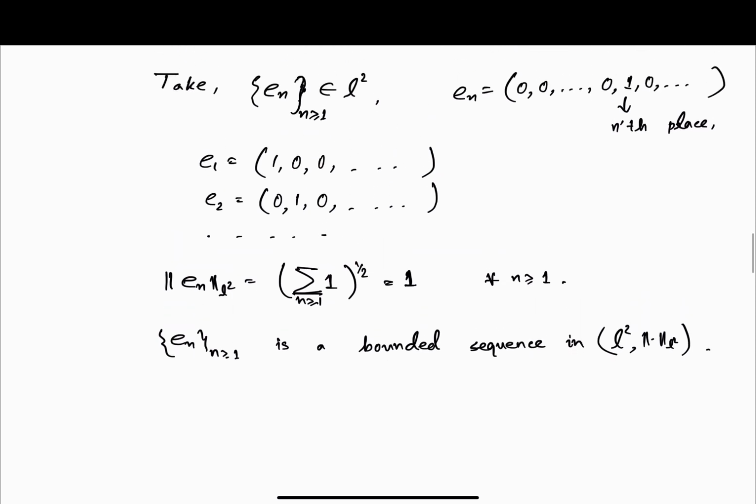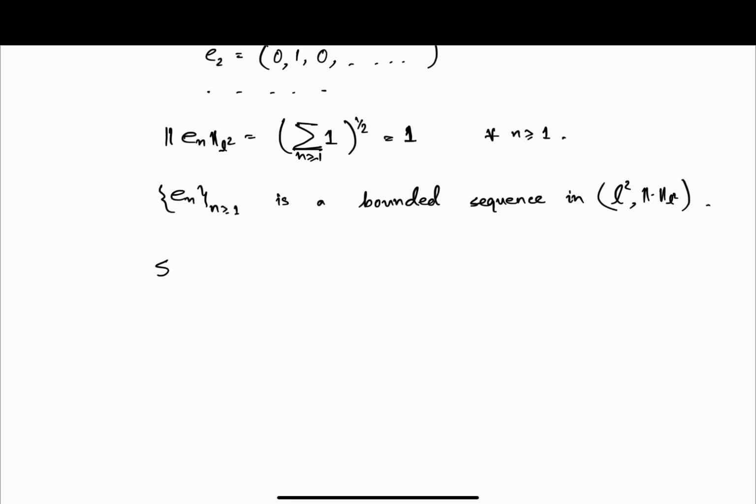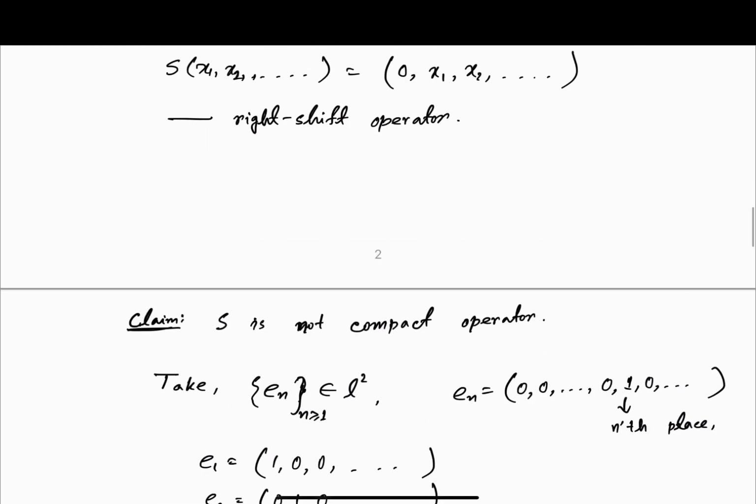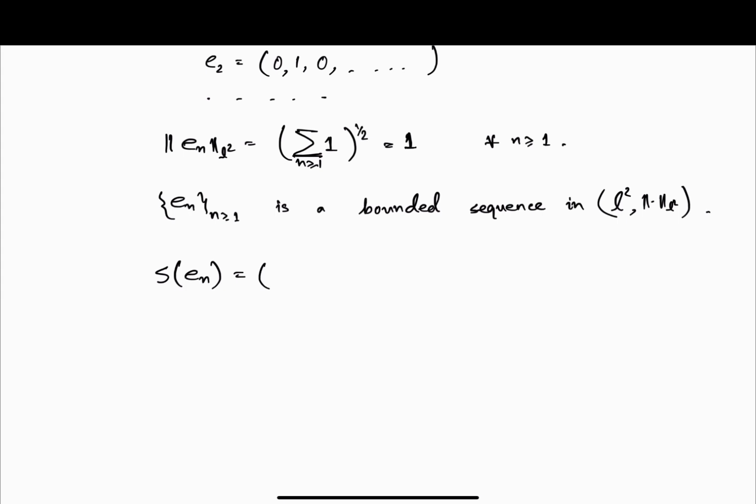Now we have to apply S on this sequence. Note what will be this S of En. What does S do? S basically shifts to the right by 1 place. So S of 0 0 0 0 0 0 1 0 0 0 0, it will shift by 1.